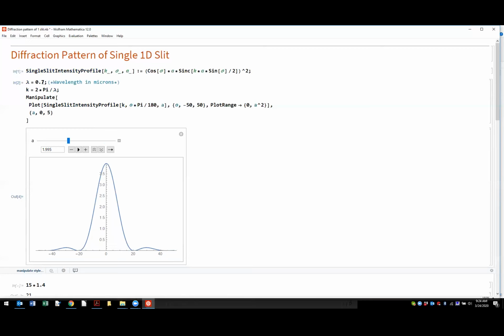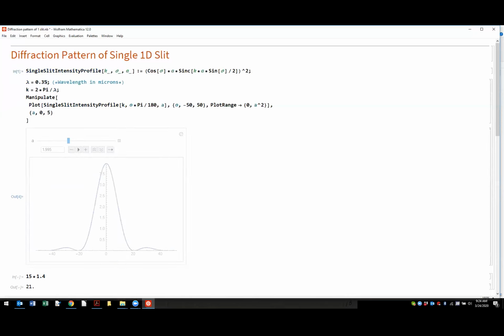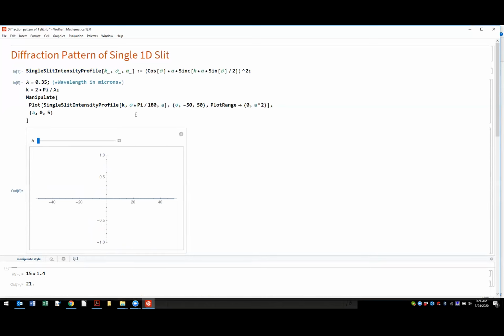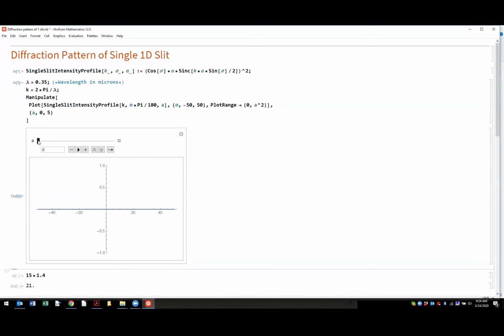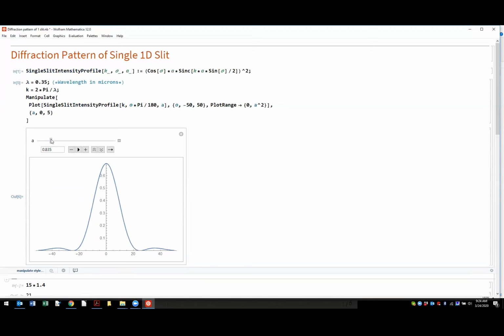Now, when the aperture size is about 2, we get that the first node, the first minimum, is around 20 degrees on either side. Now I'm going to cut that in half. So instead of working in the near infrared, we're going to work in the near ultraviolet. And we're going to, again, take this up to about 2.